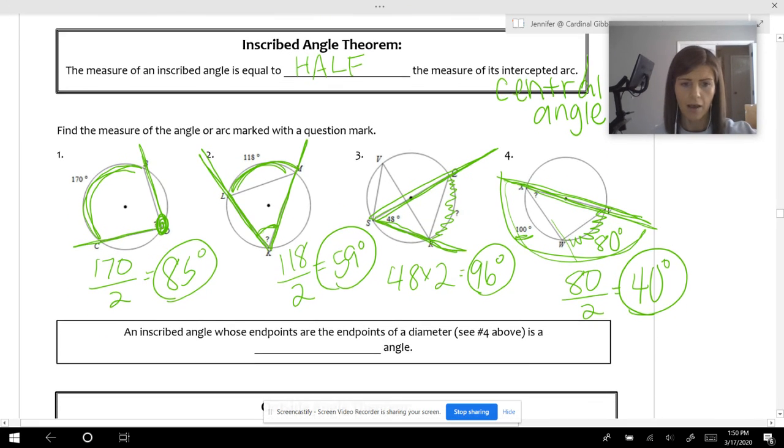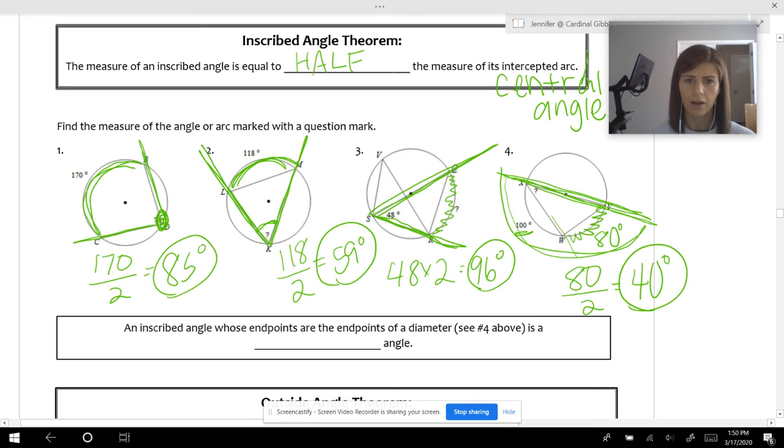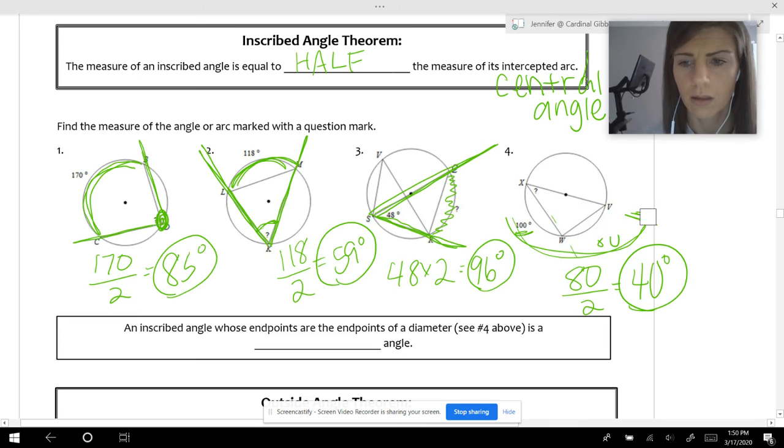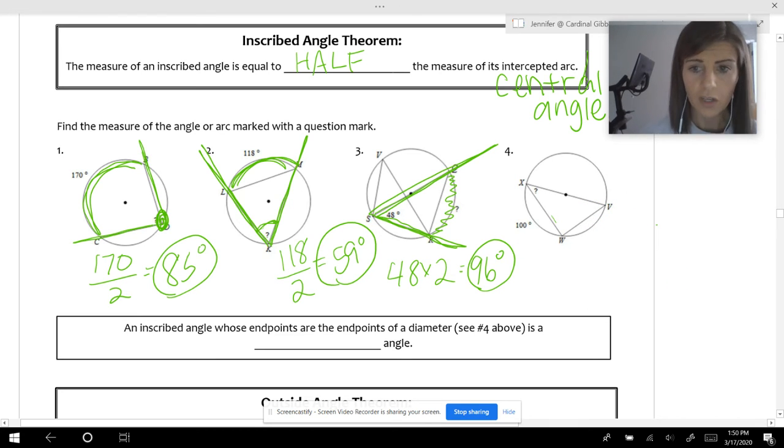All right, so the last kind of important thing about inscribed angles, I'm actually going to erase real quick some of what I did in number 4 so that you can see this. I know that we found just a second ago that question mark angle, but now remember that we said a triangle is actually 3 inscribed angles. So look at this angle right here.